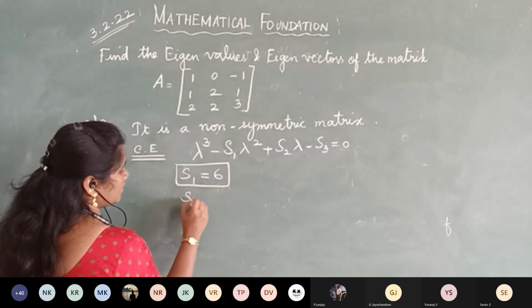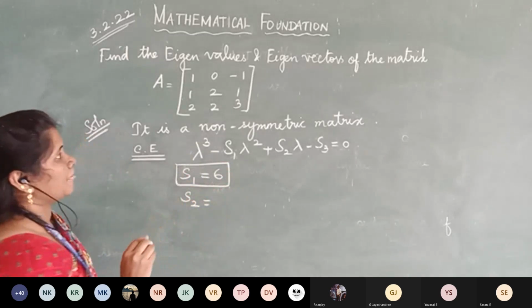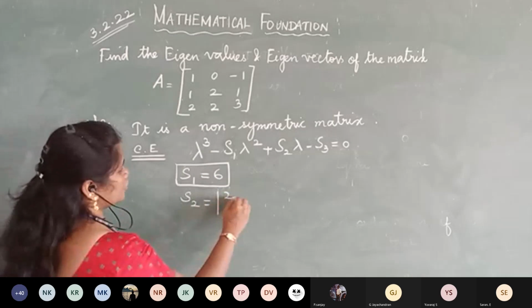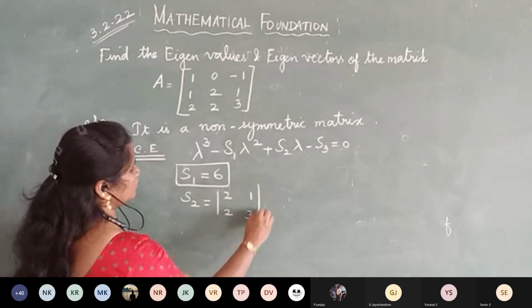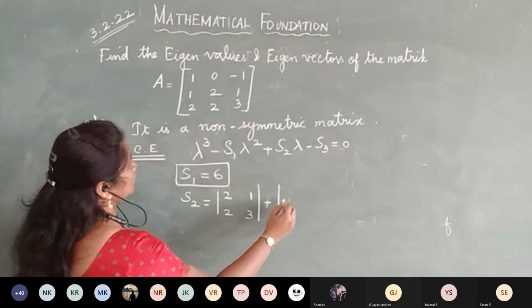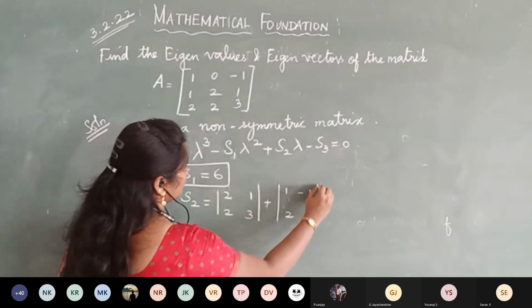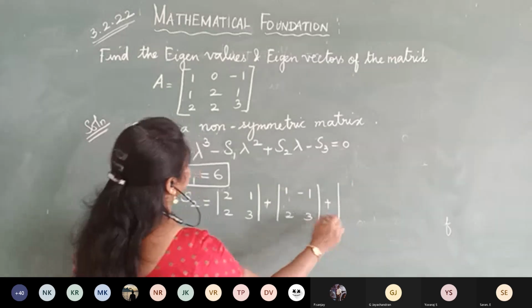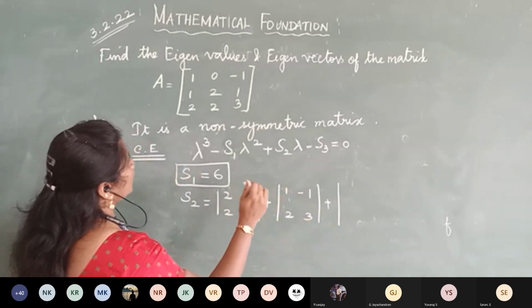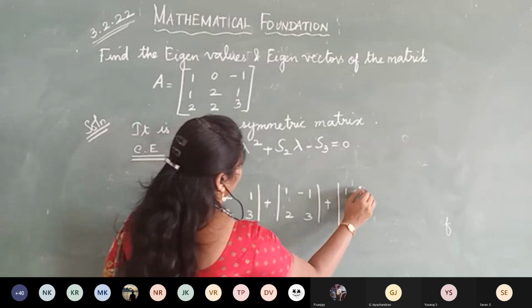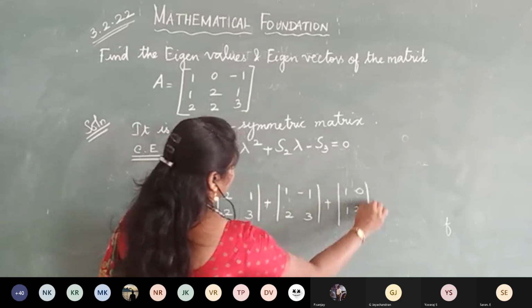Now find S2. S2 is the sum of the minors of the main diagonal elements: 1, 2, 3 plus 1, minus 1, 2, 3 plus 1, 0, 1, 2.